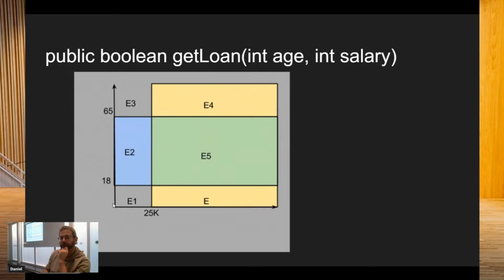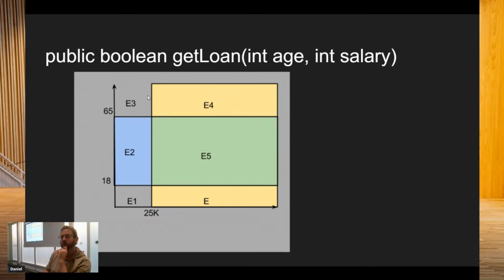That would mean like this. Since this is just 2 of them, we can graph them. So here we have salary on the x-axis, and here's the line where we have 25. On E1, E2, and E3, you're not getting a loan because you are earning too little. And up here, you're going to get a loan because you're earning okay. And then we have age below 18, where you're not going to get a loan. So this E class here, you're not going to get a loan.